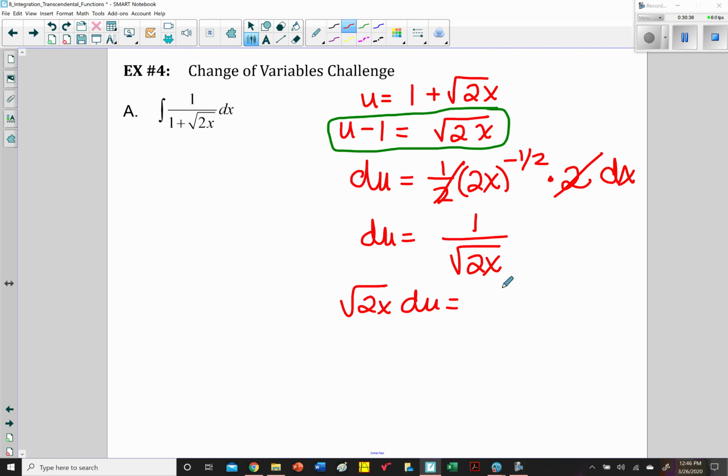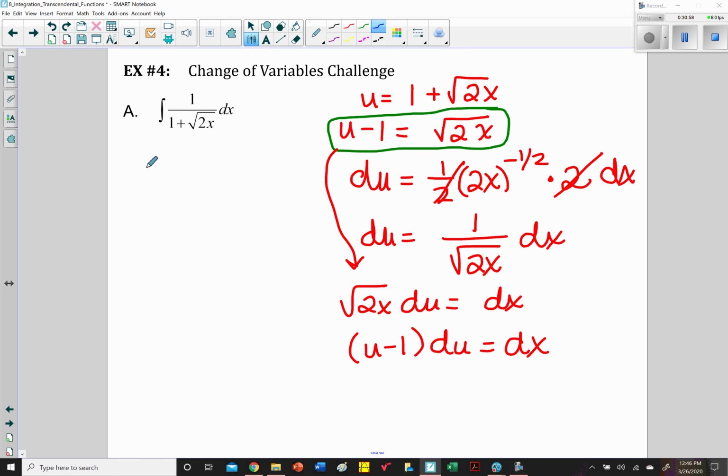That's equal to dx. Replace this with u minus 1. So u minus 1 du is another name for dx. Whoa, this is definitely a challenge.